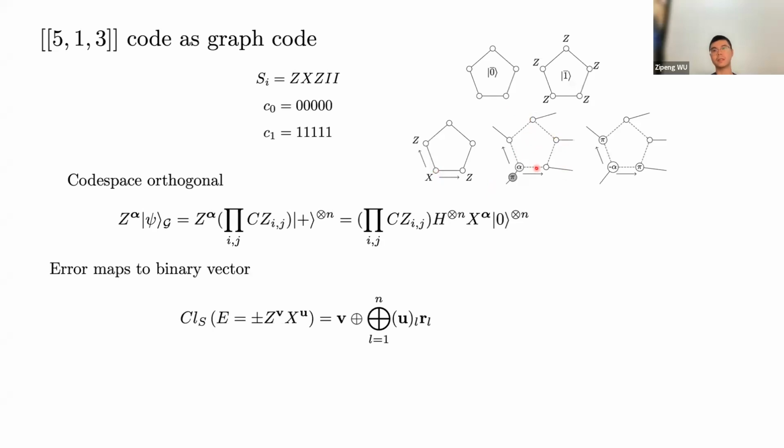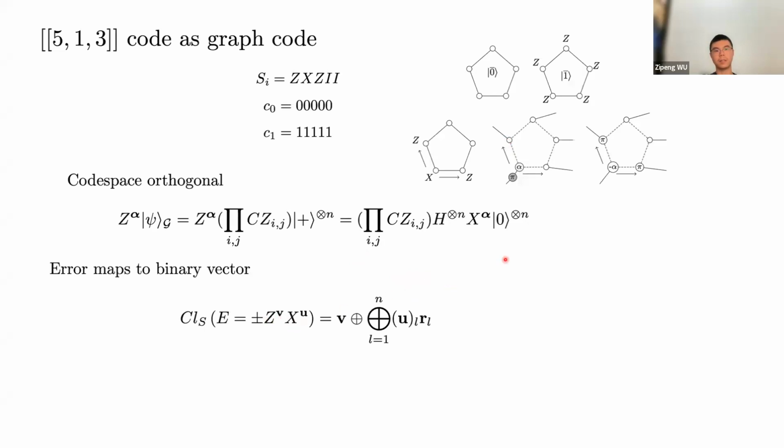More generally speaking, alpha can be pi, because we are acting the coverts on it, and the Pauli X error will just pass through these nodes, and it turns out to be a Z error on the neighbors of these nodes. So in a more general setting, we are focusing on the multi-qubit error.